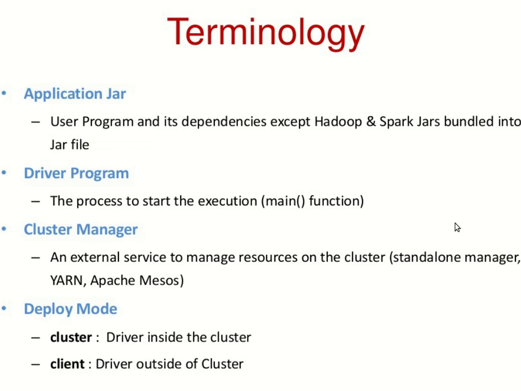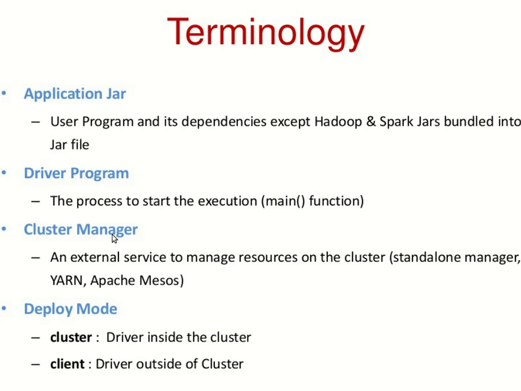The terminology is that the application jar is simply a main method in Java or Scala that you send, bundled in a fat jar, to the cluster. You have the driver program, which is responsible for starting the execution of your main function by means of the cluster manager.